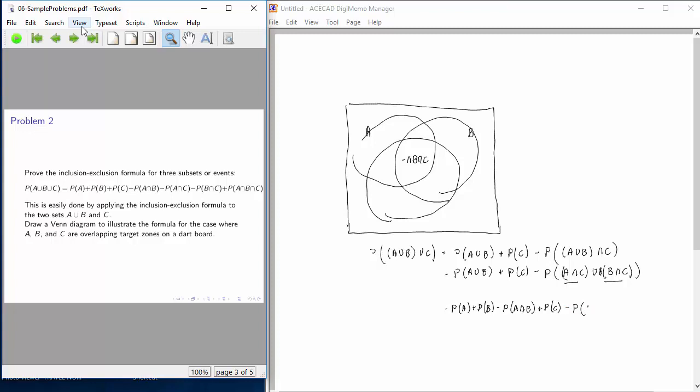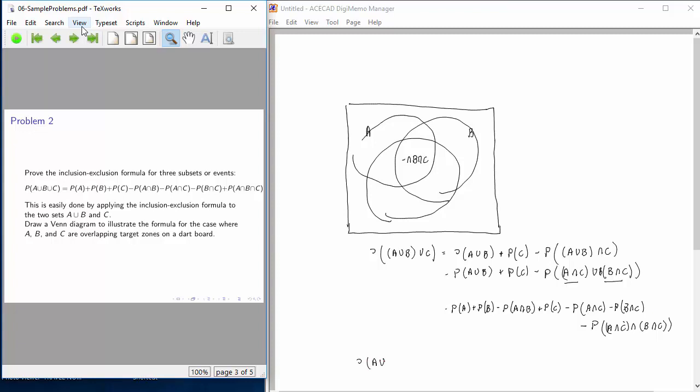So I have to subtract off the probability of A intersect C, subtract off the probability of B intersect C, and then I get 2 minus signs which make a plus sign, so I add on the probability of A intersect C intersect B intersect C. That means A and C both happen, B and C both happen, or to put it differently, A, B, and C all happen, and I've got my final result.